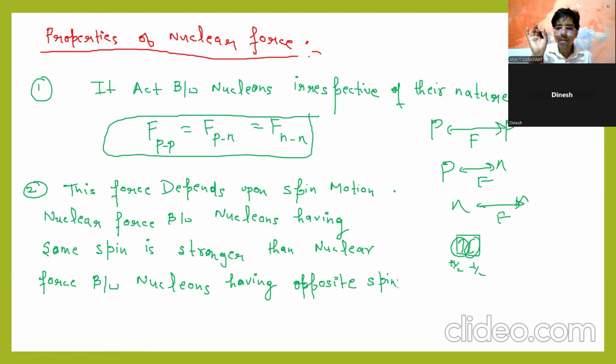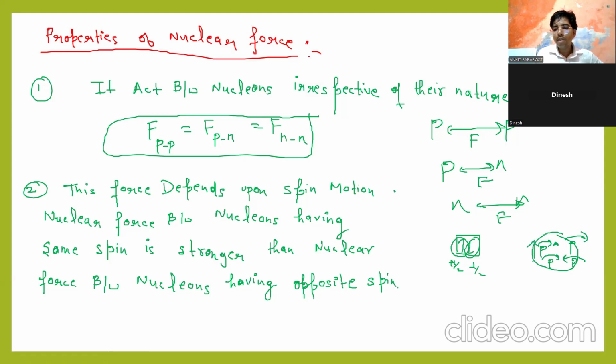Is it about the spin of electrons or the spin of the nucleus? Electron is not in the nucleus, okay? Protons are in the nucleus. If one proton is moving like this and another proton is moving like this, the spin is the same. But if one proton is moving like this and the other like this, it is opposite spin.